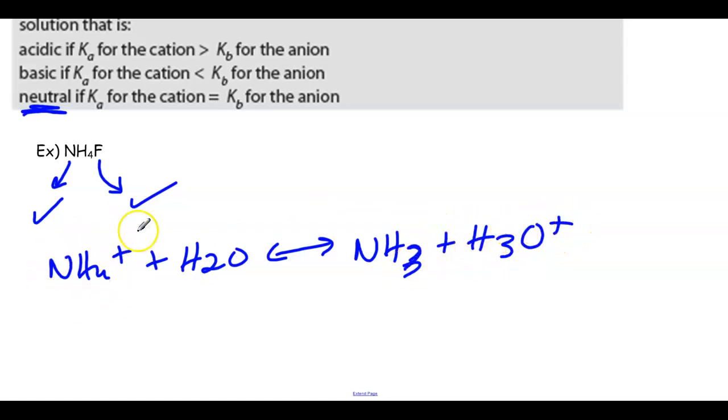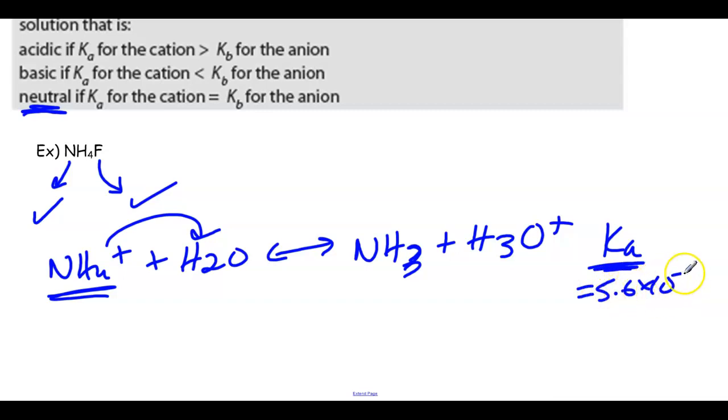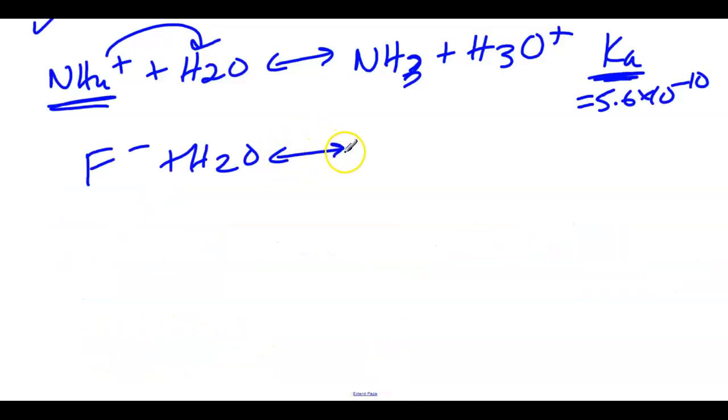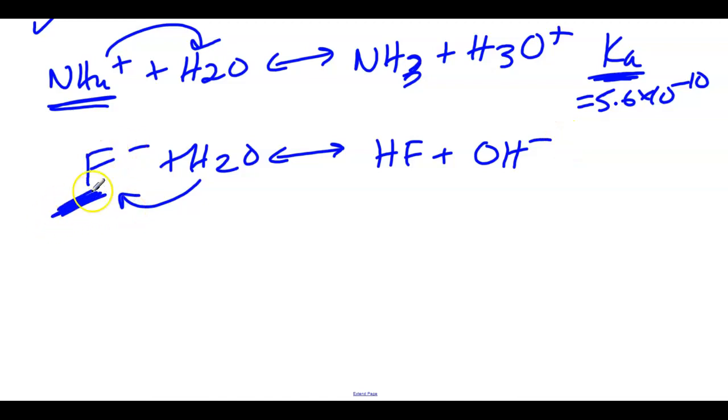Because NH4 is behaving like an acid, we need to look up the Ka value for NH4, which we can simply look up. This is 5.6 times 10 to the negative 10. But our fluorine is behaving like a base, right? It is doing the accepting to become HF and hydroxide.